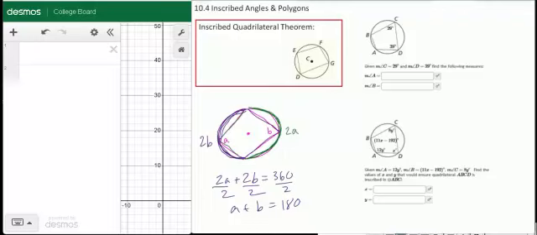And so we see the relationship that we need for this inscribed quadrilateral. A quadrilateral inscribed in that circle is going to have opposite angles that are supplements of each other.